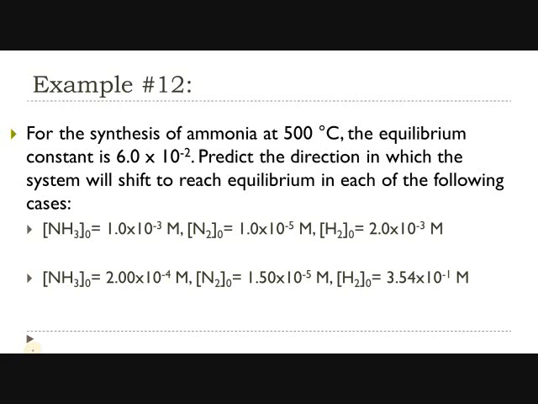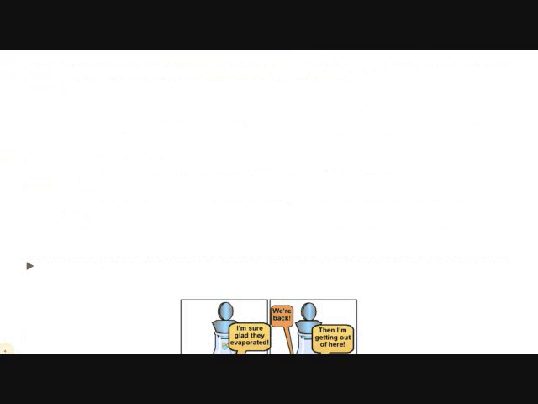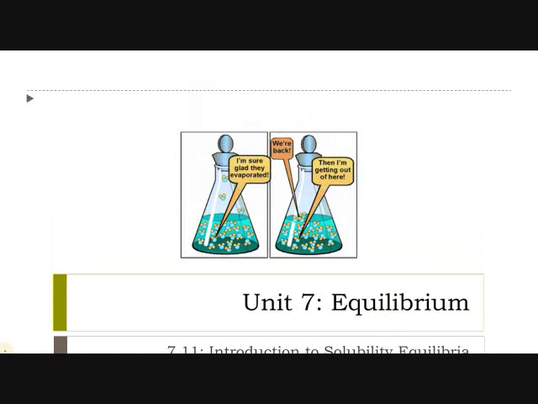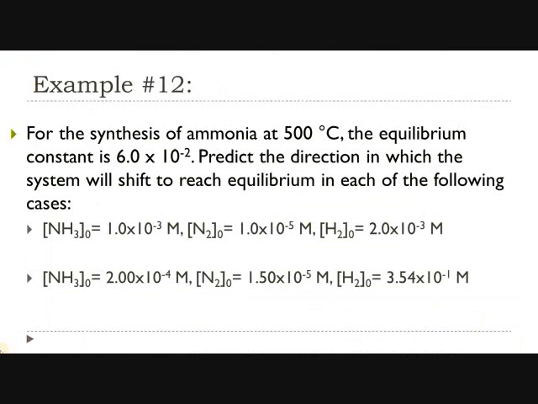So for the synthesis of ammonia, which is NH3, we've seen this equation a ton, where it's N2 plus 3H2 makes 2NH3.